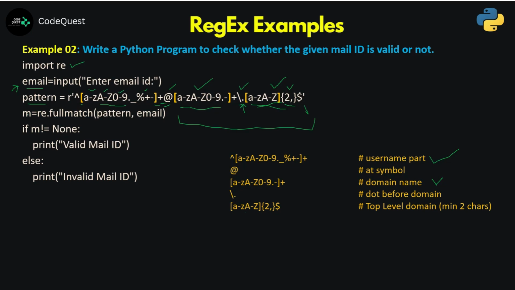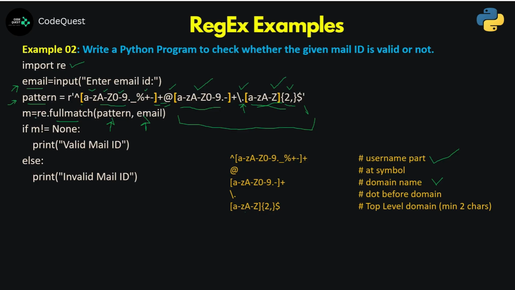Okay, so now once this pattern is defined, we are going to call upon the fullmatch method, where we are passing the pattern that we have specified here as well as the email ID that we have read here. Now fullmatch is going to see whether this email is fitting into the respective pattern.